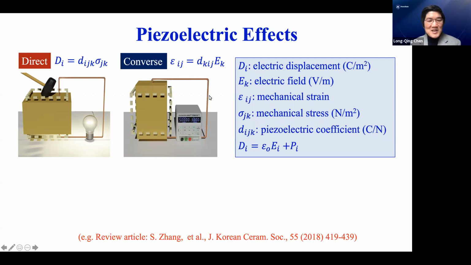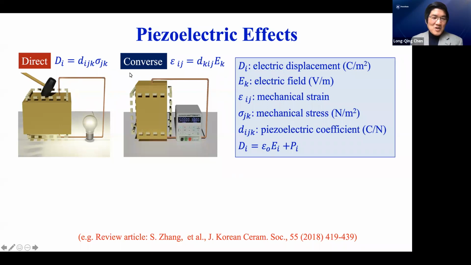There's also a corresponding converse effect. In this case, if we apply an electrical signal, an electrical field or electrical potential difference, then we can produce a mechanical deformation of the crystal. Again, this effect is represented by this third-rank tensor d, the converse piezoelectric coefficients.